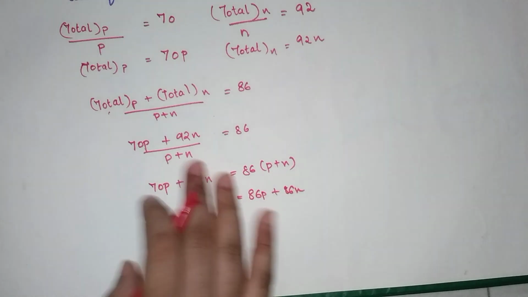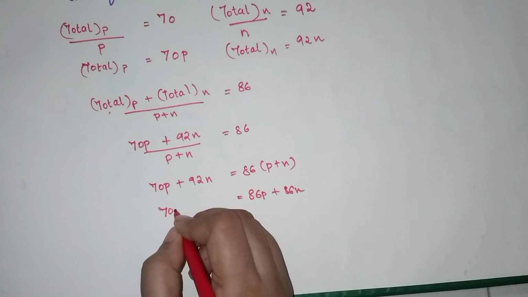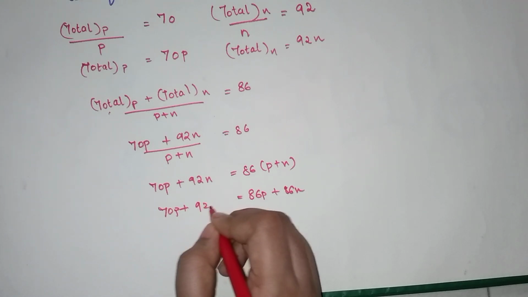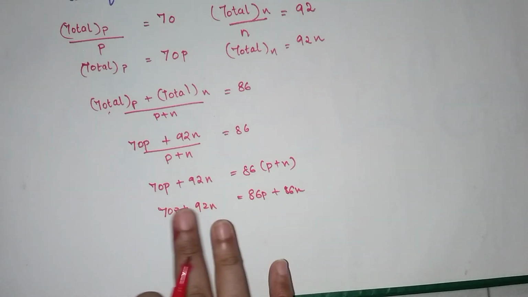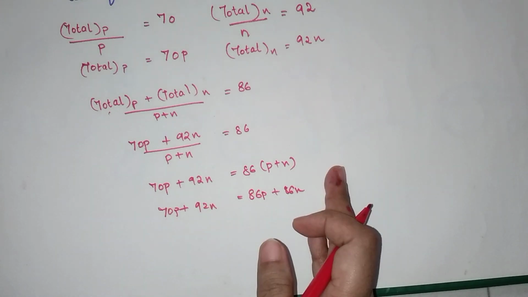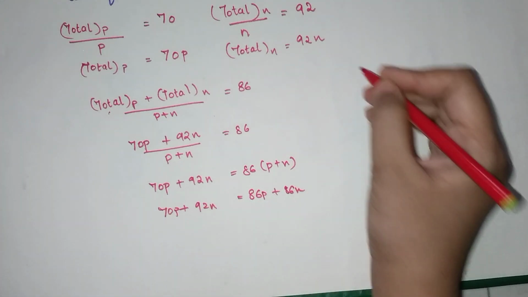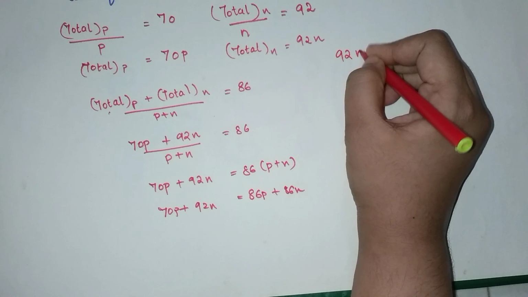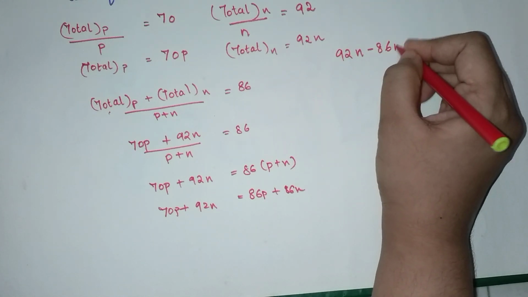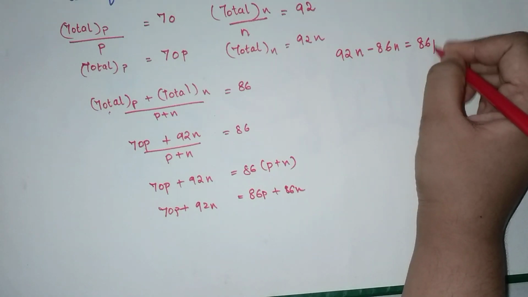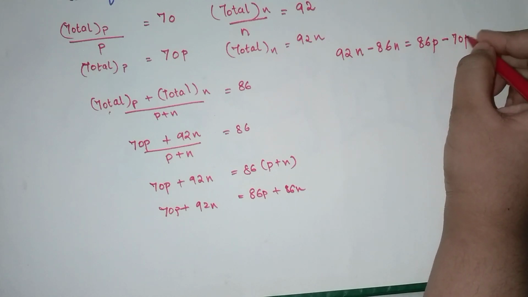I'm going to write everything over here as it is, so 70P plus 92N. Now I'm going to shift the P on this side and the N's on this side. So I have 92N minus 86N is equal to 86P minus 70P.